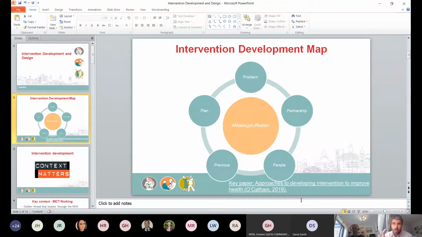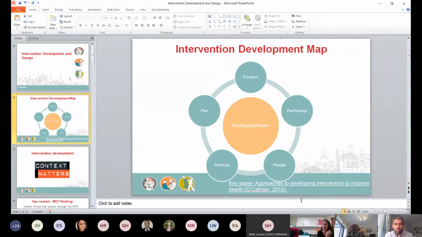It was a systematic review that brought together all of the intervention development models currently in publication, synthesized those common themes and common factors, and provided recommendations for those of us involved in complex interventions, or working across organizational boundaries in service delivery, to use in order to develop an intervention in a particularly complex landscape.